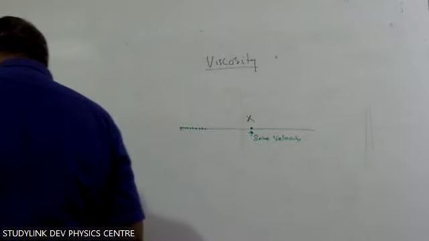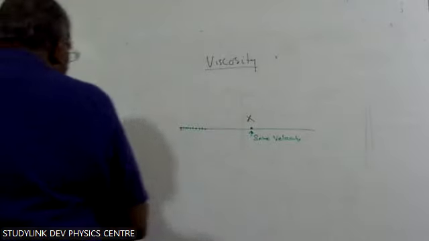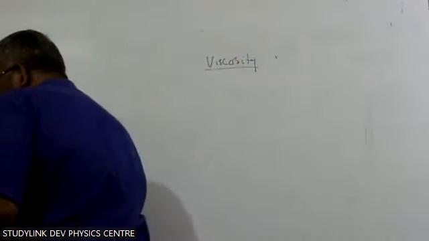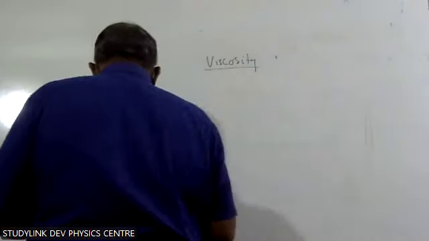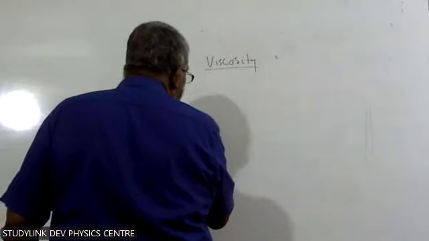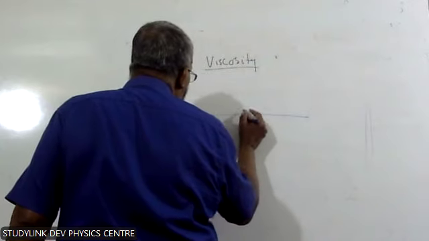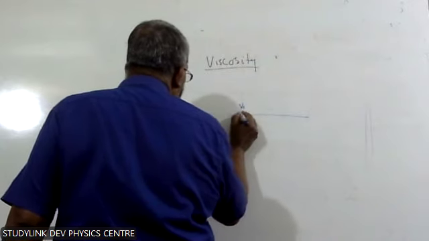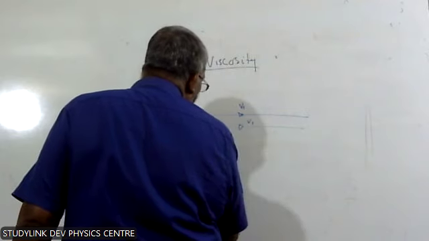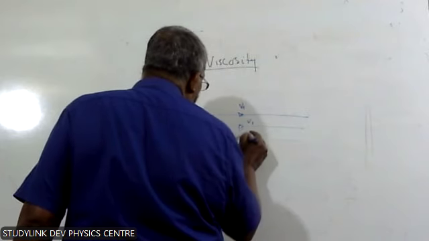If you consider several streamlines, and those particles are moving with the same velocity. This is V1, the other one also V1, all particles are having V1.